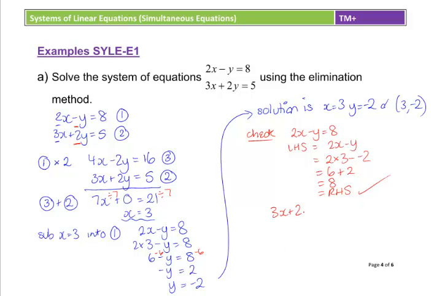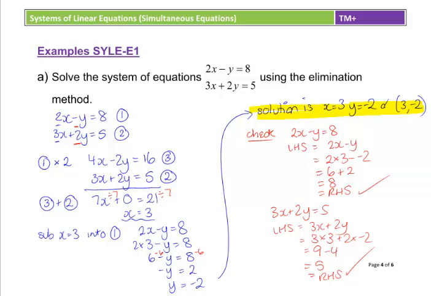The other equation, the left hand side is 3x plus 2y, so that's 3 times 3 plus 2 times negative 2, which is 9 minus 4, which is 5. And that's equal to the right hand side, so that's also correct. Okay, so therefore we know that my solution is x is 3, y is negative 2.